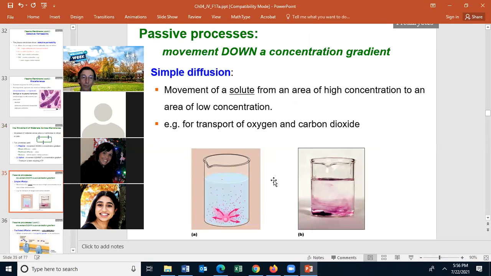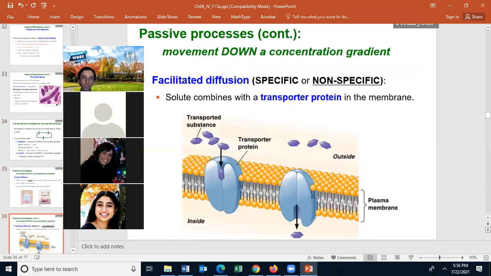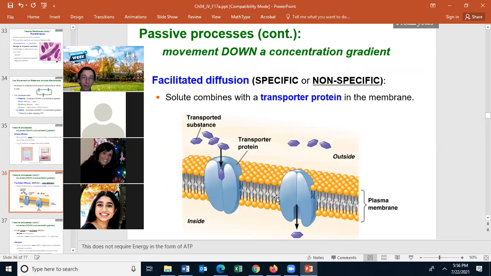All right, let's quickly go through diffusion. Simple diffusion is just the molecules of a solute moving from areas of high concentration to areas of low concentration. And that is how oxygen and carbon dioxide move in and out of a cell by simple diffusion. Facilitated diffusion is simple diffusion through a membrane, and it requires a protein to move the molecule across the cell.